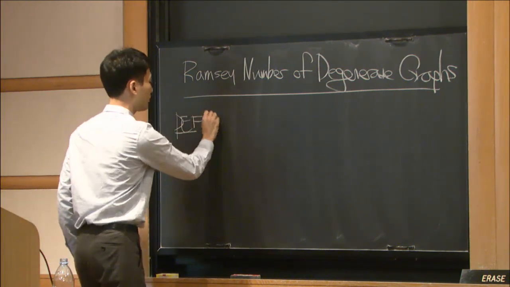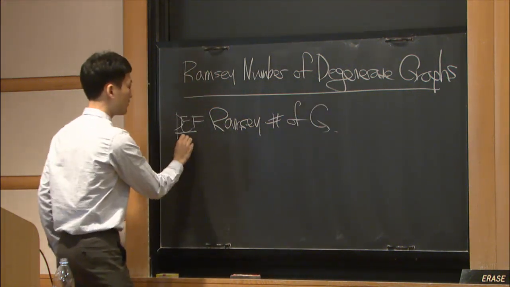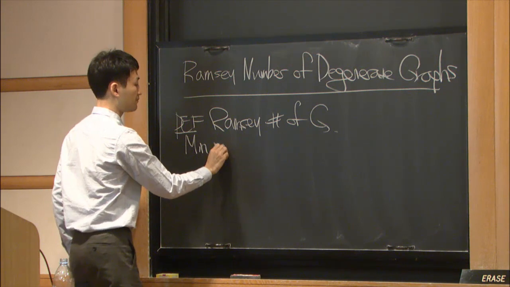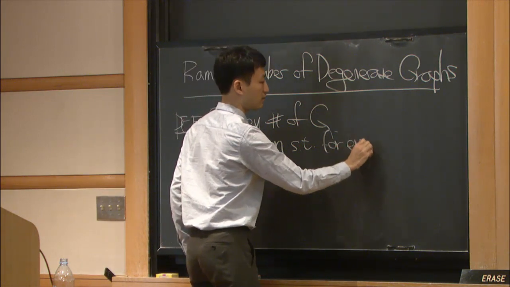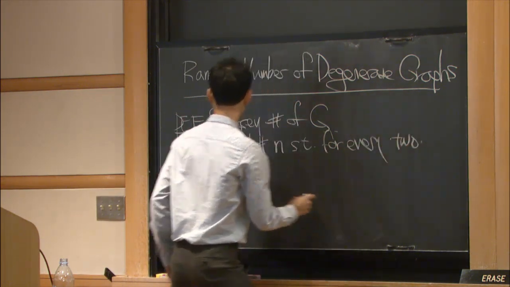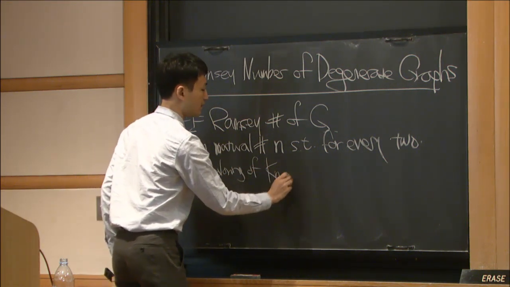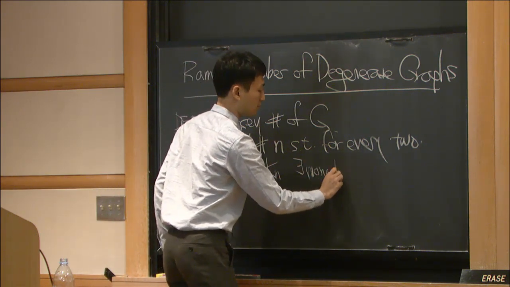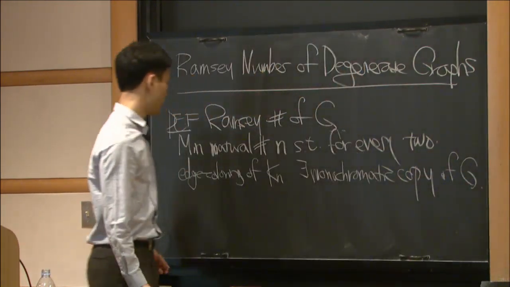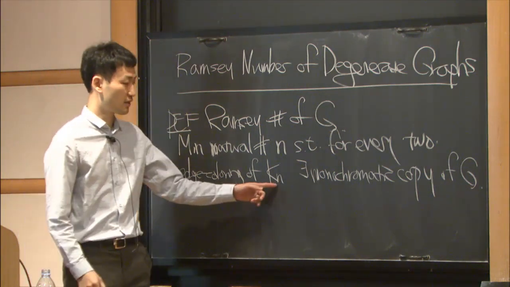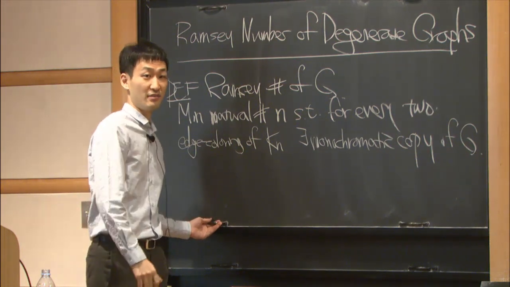For a graph G, the Ramsey number of G is defined as the minimum integer n, natural number, such that for every 2-edge coloring of Kn, there exists a monochromatic copy of G. By 2-edge coloring, I'm coloring the edge set of the complete graph in 2 colors. I'm assuming that you're fairly familiar, or at least have seen this definition before.